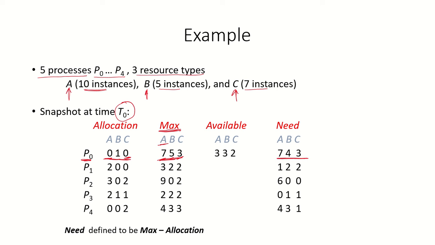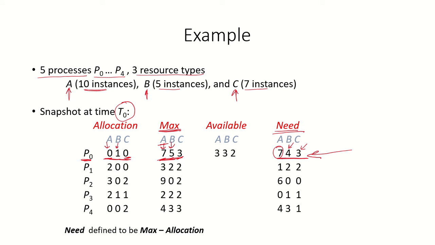That means during its execution it might need 7 more, because you can see 7 minus 0 is 7, 5 minus 1 is 4 and 3 minus 0 is 3. So during its execution this process might need 7, 4 and 3 of the ABC resources.